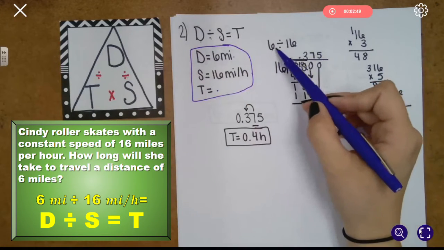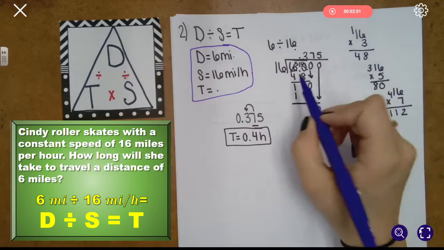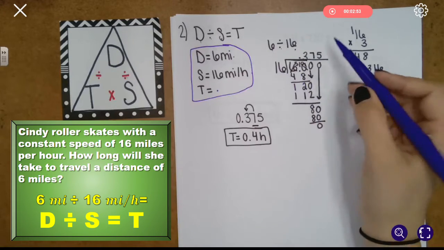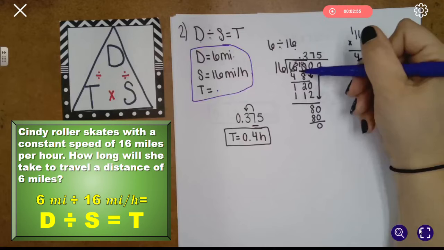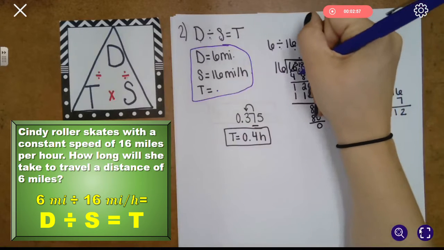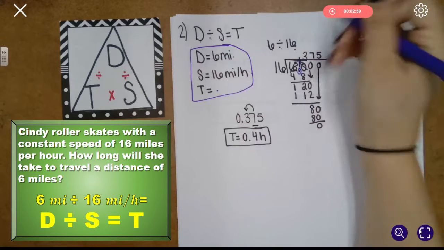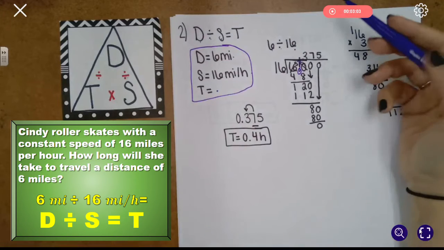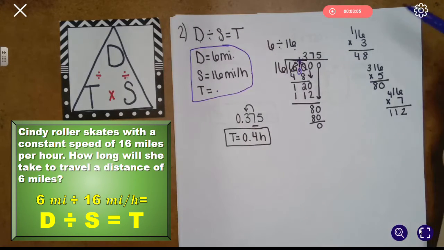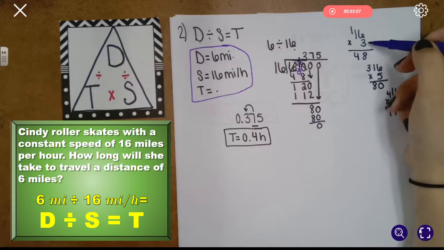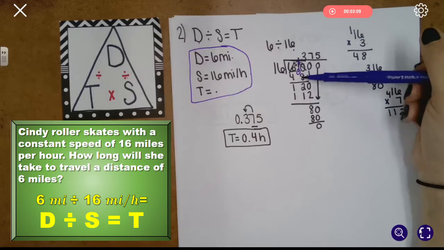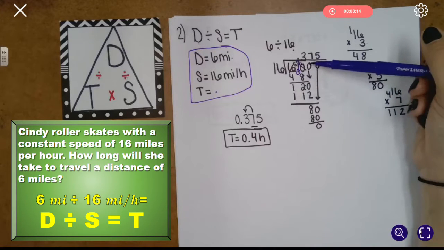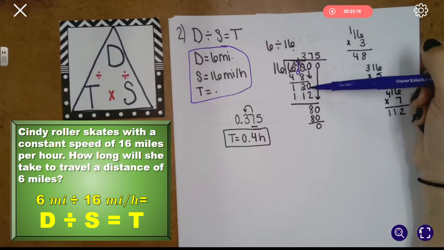So 6 divided by 16. I have to add a decimal point down here, and we bring it straight up, and that's where our decimal point's going to go. I know that 16 times 3 is going to give me 48. So 60 minus 48 gave me 12. I dropped down my 0, got 120.